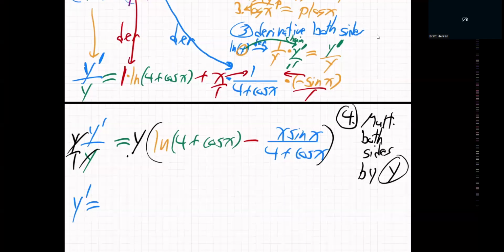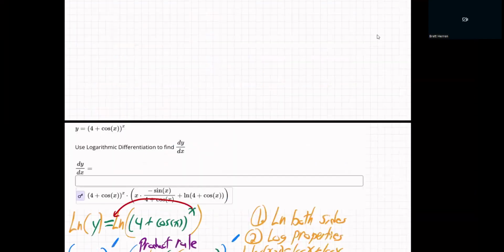Here we go. It's y. Now what's y? y is the whole original function: 4 plus cosine x to the x.